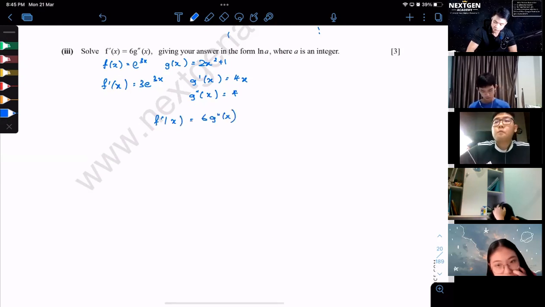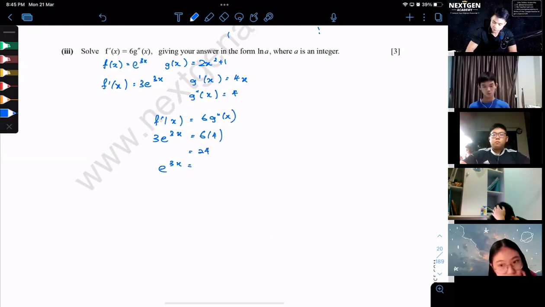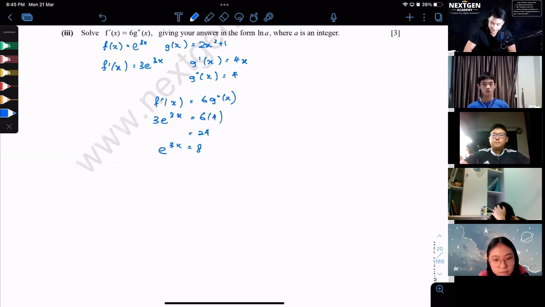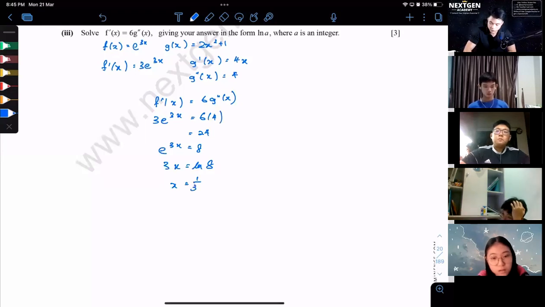This will be 3e^3x equals 6 times 4, 24. Divided by 3, 6 3s are 24. Wait, my brain also lags already. 8. Then 3x equals ln 8. x equals 1 over 3 ln 8.